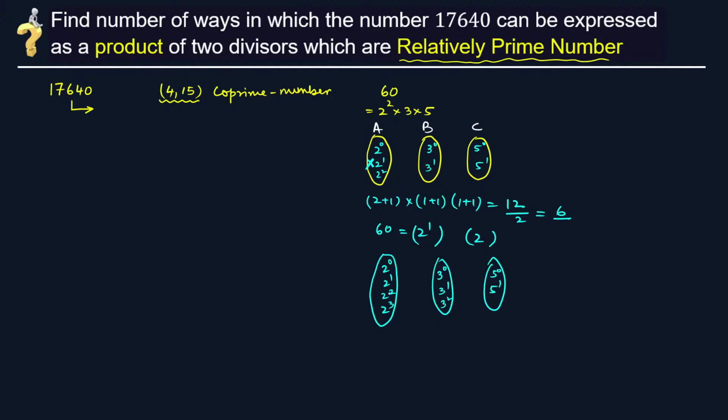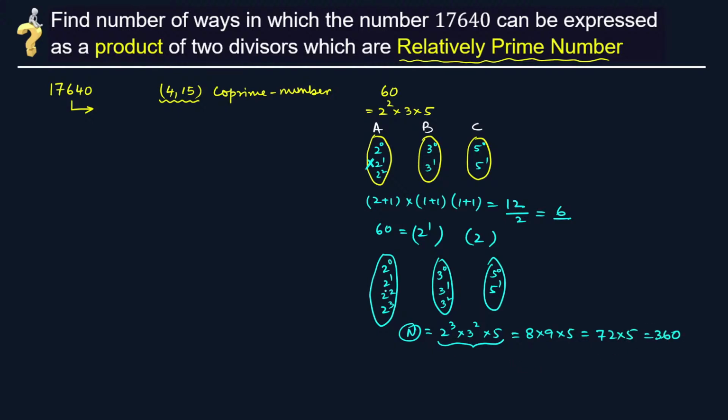The natural number is 2 cube into 3 square into 5. If you multiply this whole thing, you get this natural number n. It is basically 8 into 9 into 5, so 72 into 5, which is 360, okay?